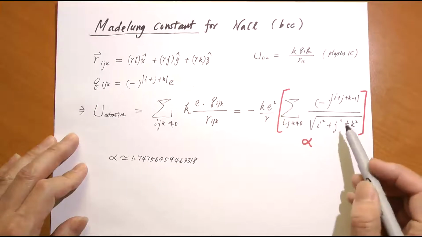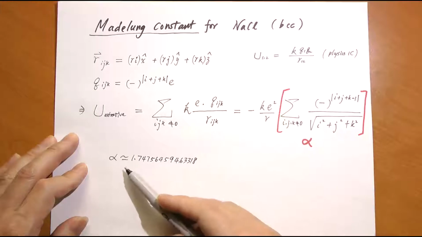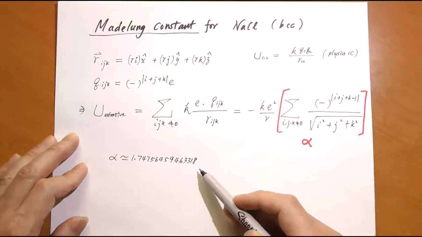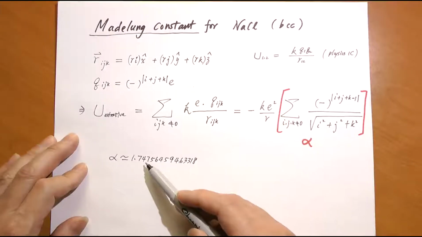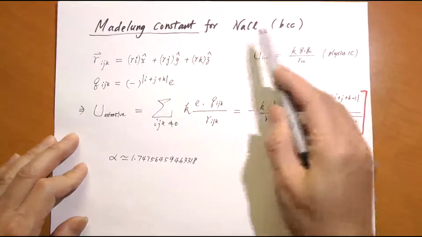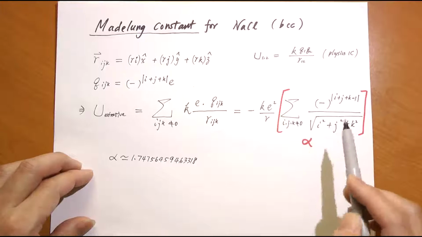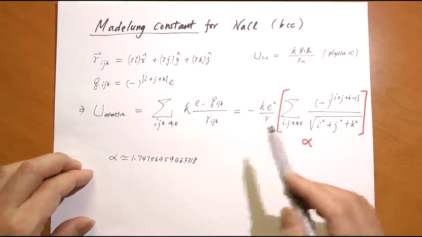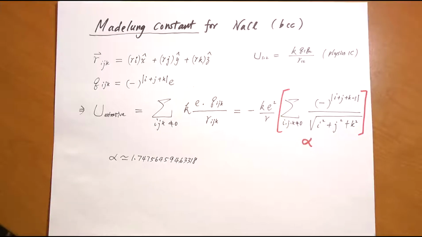And alpha can be calculated to very high precision. Here is the value of alpha that I copied with so many sig figs. It's roughly equal to 1.75. That's all you need to know. That's the Madelung constant for the NaCl structure. So you see, this Madelung constant really depends on how the ions are arranged, what kind of geometry it is. This is called the crystal structure.